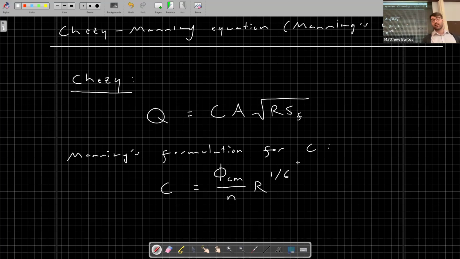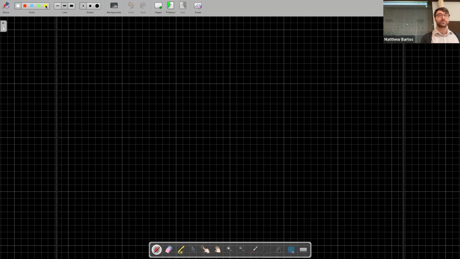Okay, I'll explain each of these terms in detail, but first I'm just going to take this expression for C and plug it back into our Chezy equation here. And this is the form that we will generally see for Manning's equation.